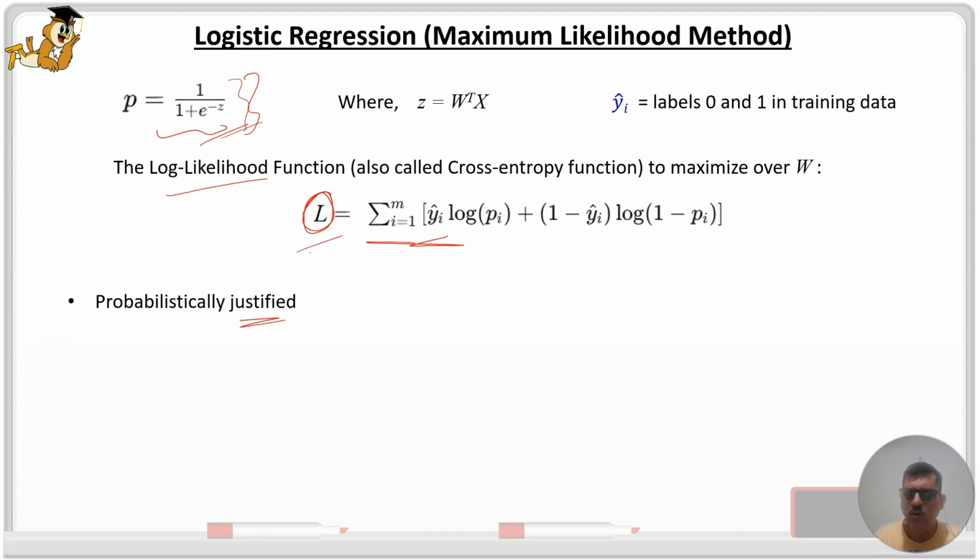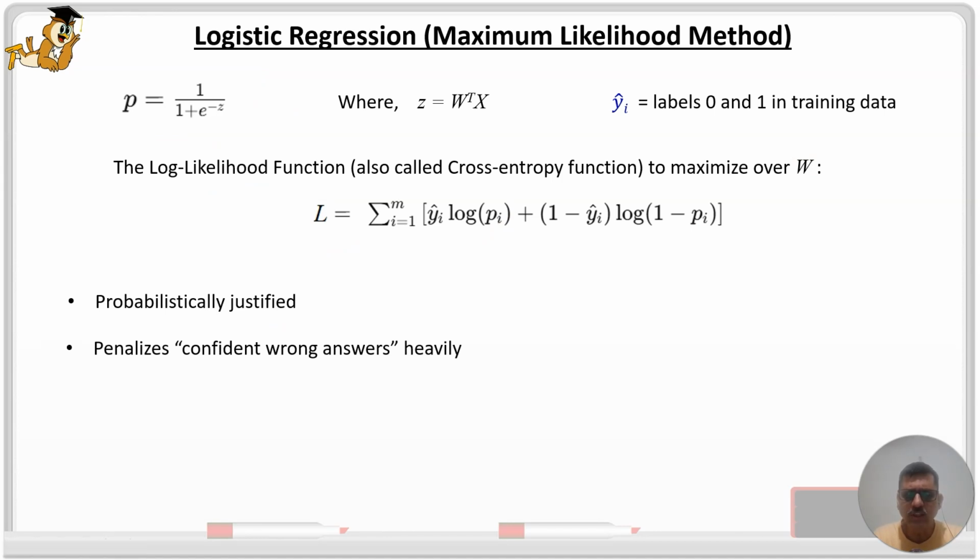Similarly, by maximizing the log likelihood function, you are driving the w's in a direction where the pi's and the yi's get aligned in the manner that we want them to be aligned, right? So there can be no dispute about the fact that the choice of the sigmoid function and the log likelihood function are definitely one candidate. There could be others, right? So these definitely will work. But I need to give more justification. So let's move on.